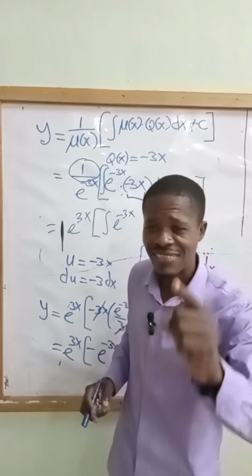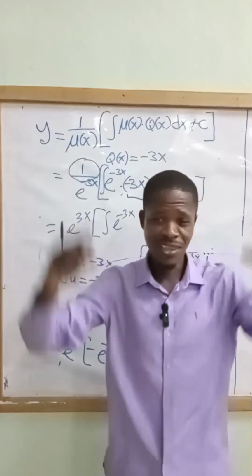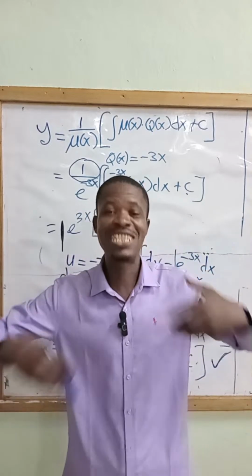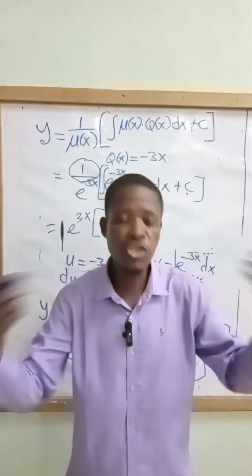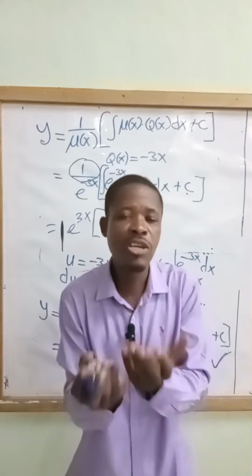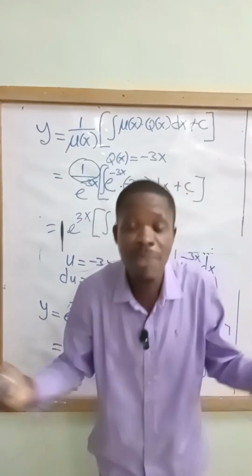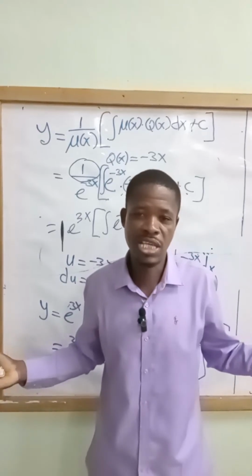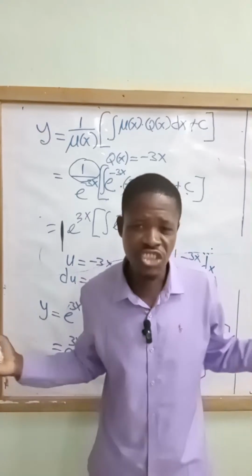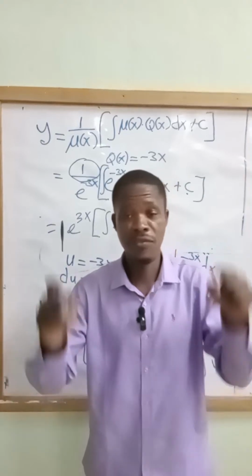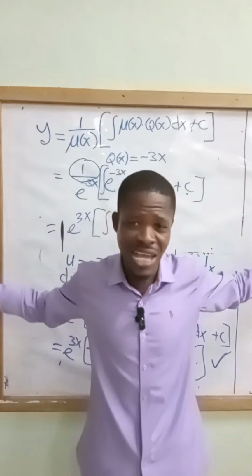But it's not as simple as ABC. Nothing comes by chance. You need to keep practicing. The more you practice, the more it becomes simple as ABC. Practice makes perfection. You need to solve as many questions as possible. If you are coming live, I'm not dancing here.